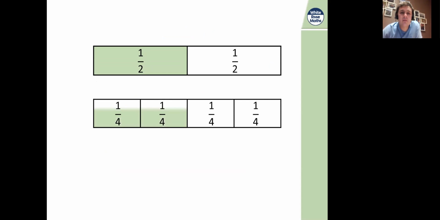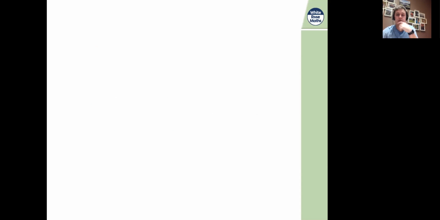How many quarters would be the same as 1/2? Let's have a look. You can see there that it's 2 quarters. 1/2 is the same as 2 quarters, or we can say 1/2 is equivalent to 2 quarters.